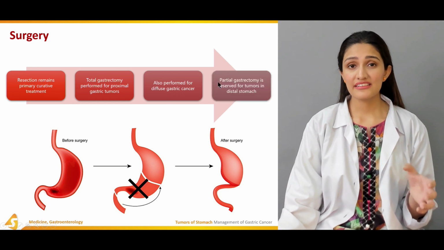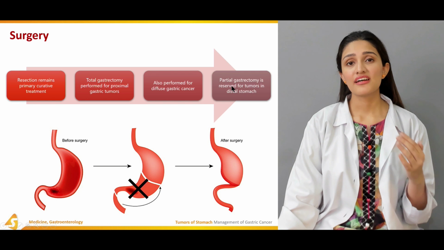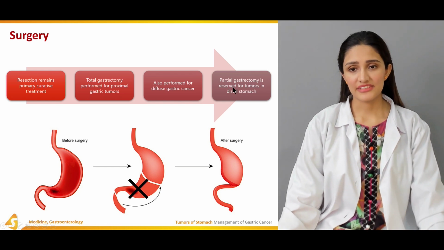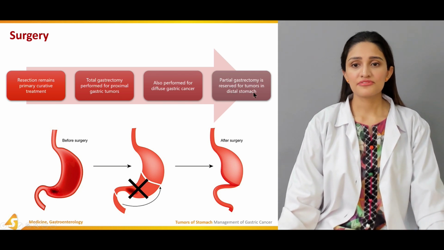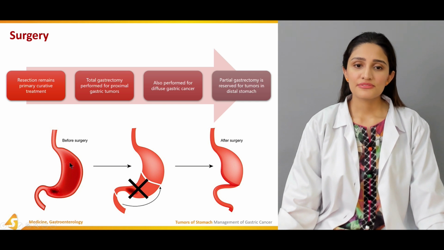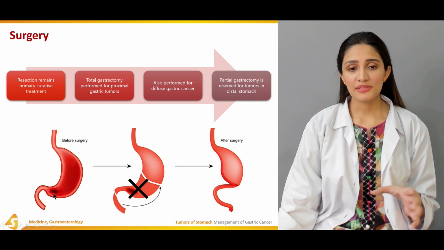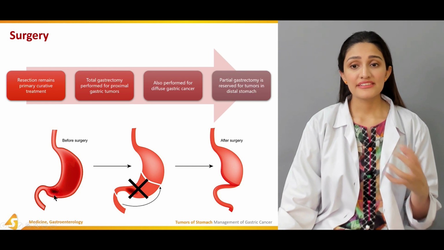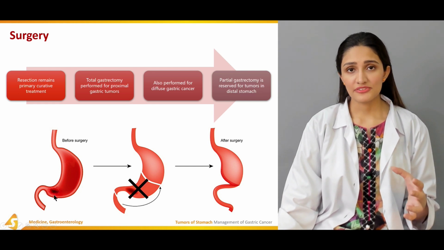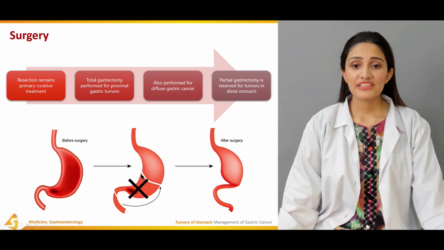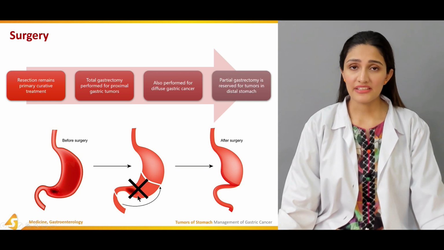And secondly being the partial gastrectomy, where half of the stomach is being resected, and it is usually reserved for the distal tumors. So as we can see in this picture, a patient comes up with a more distal type of gastric cancer. So there is a partial gastrectomy that occurs.